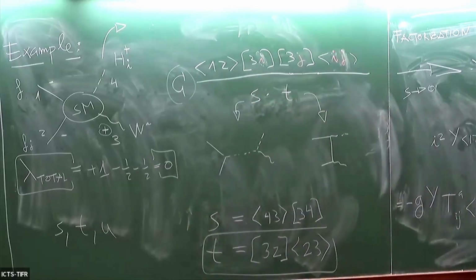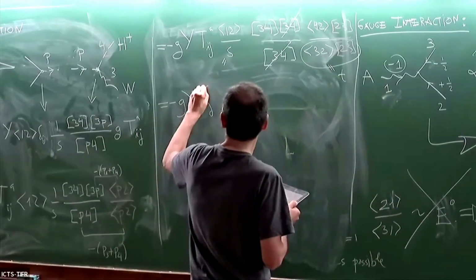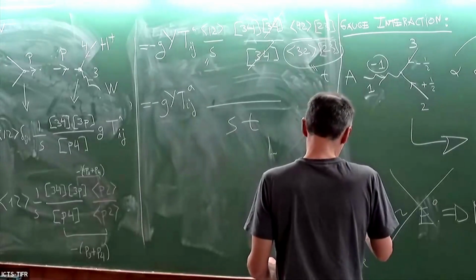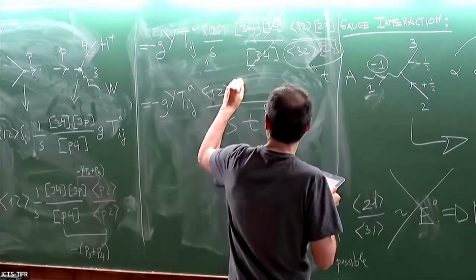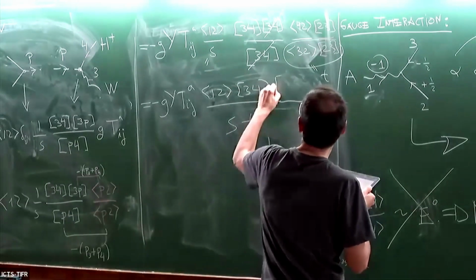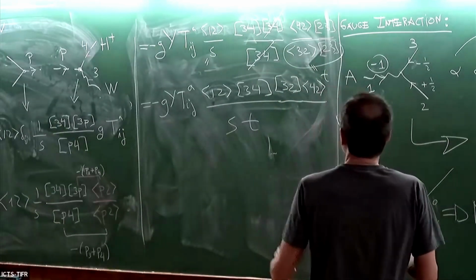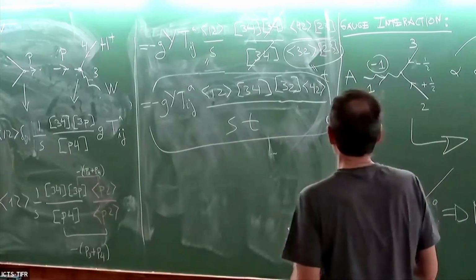This is why I multiply by this, because this will give me exactly T, or minus T, ⟨2 3⟩[3 2], exactly T. So I'll have ST minus, I'll have upstairs ⟨1 2⟩, ⟨3 4⟩, [3 4], [3 2], [4 2], if I didn't forget anybody.